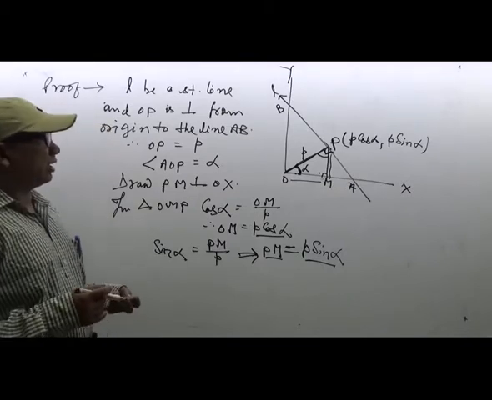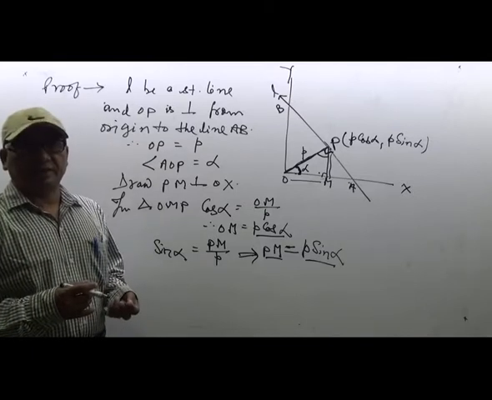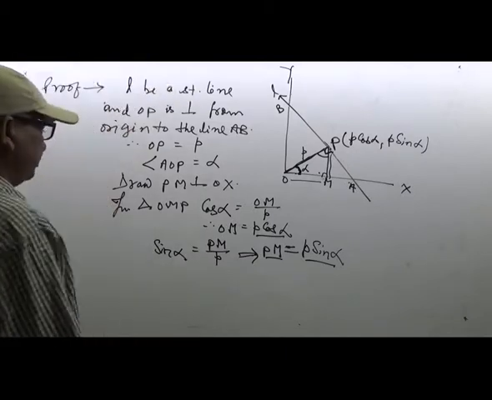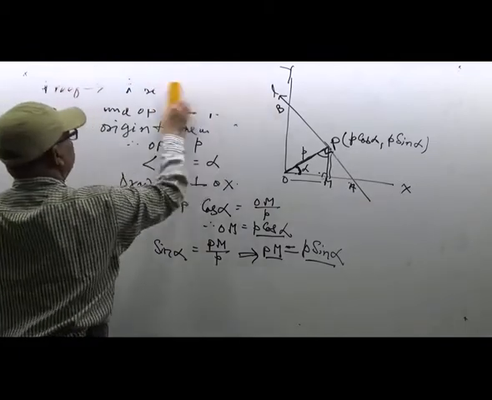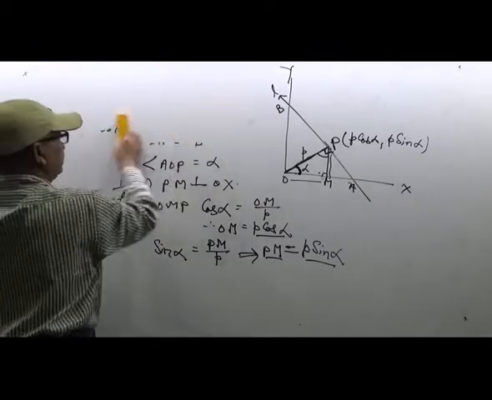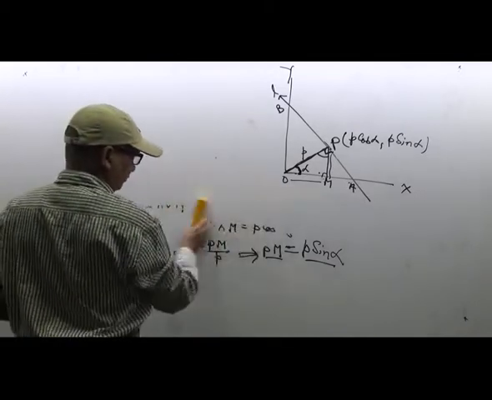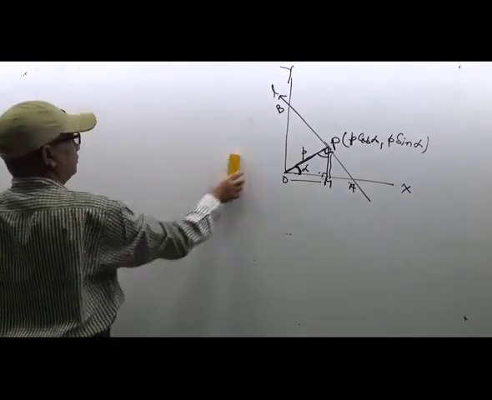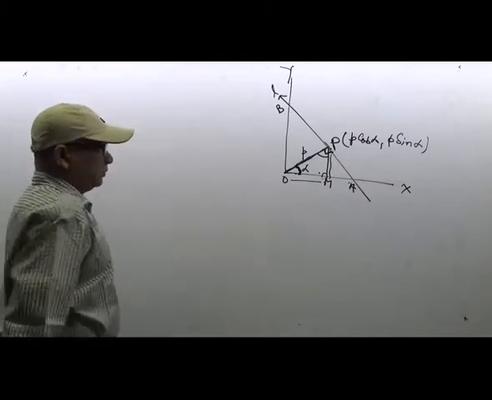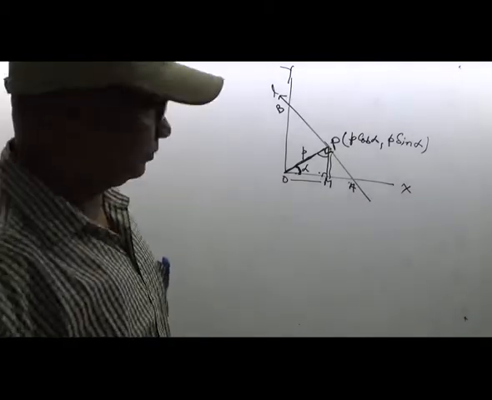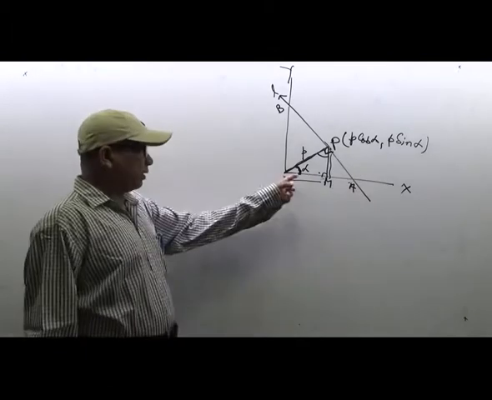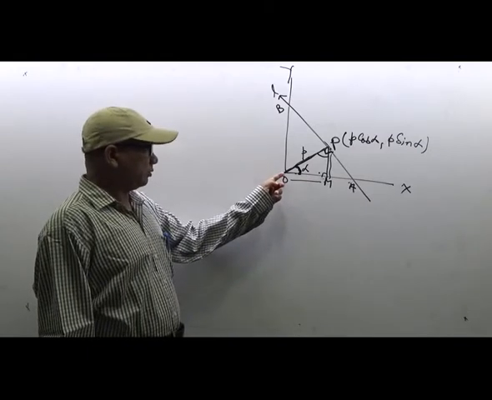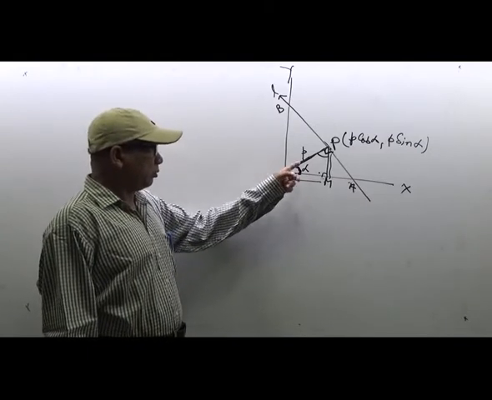Now I want to find out the equation of the straight line L. The normal makes an angle alpha with the positive direction of x-axis. Therefore, the gradient or slope of the normal OP is tan alpha.